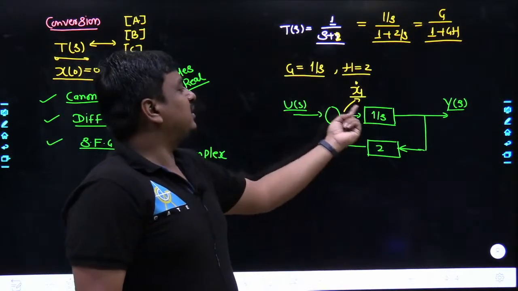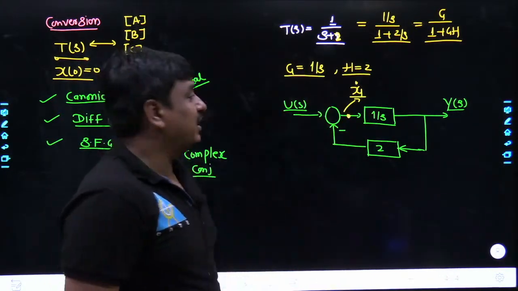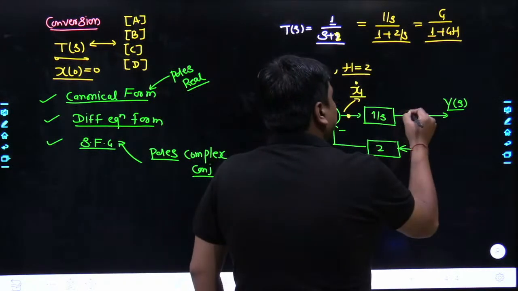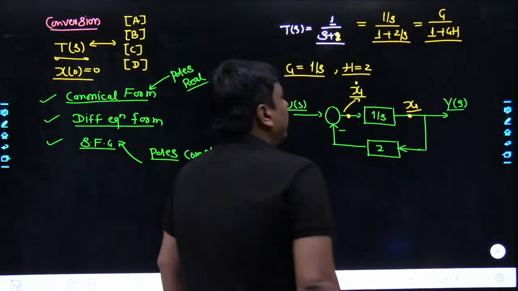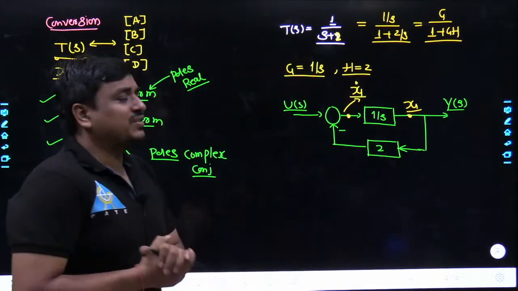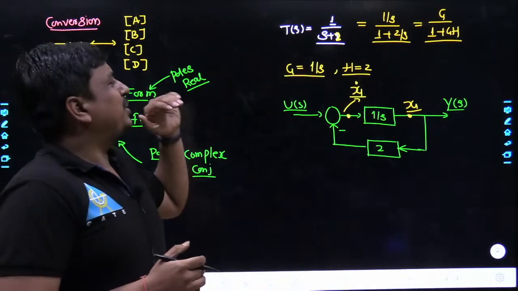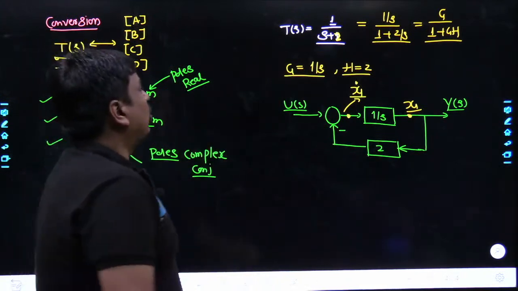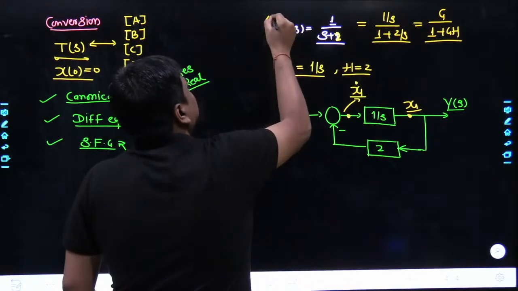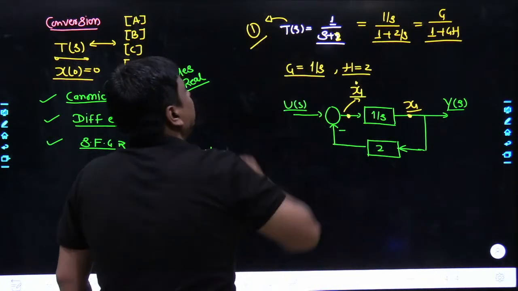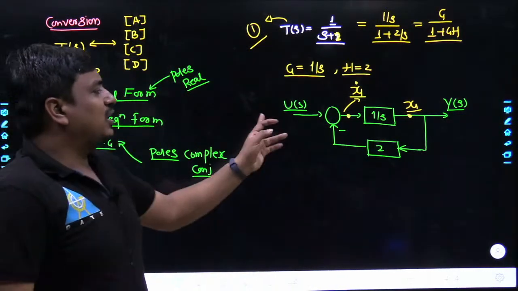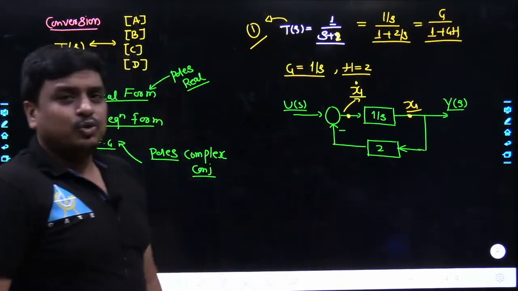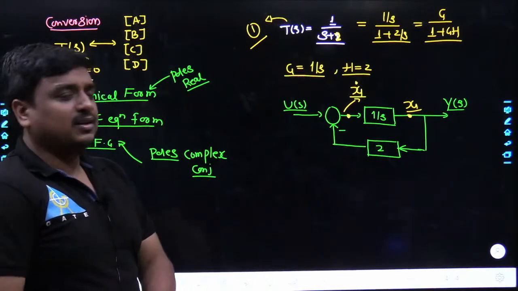So differentiation in time domain, processed with integration in time domain, would become x1. For this problem, how many state variables are required? That would be easily known from the number of poles the transfer function is carrying. Only one pole is carried by the transfer function. So obviously only one state variable would be used, and that's nothing but x1.